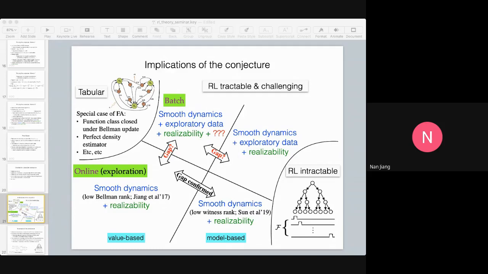But yes, if you look at some of the results in the literature, they do have algorithms that require only realizability type assumptions, which I agree I myself haven't really understood why that's the case. I'll give one example. I think this is by Mengdi Wang, Lihong Li, and maybe one other author.